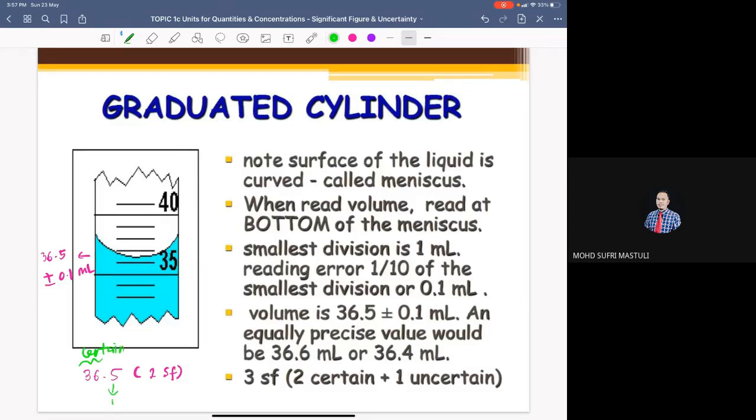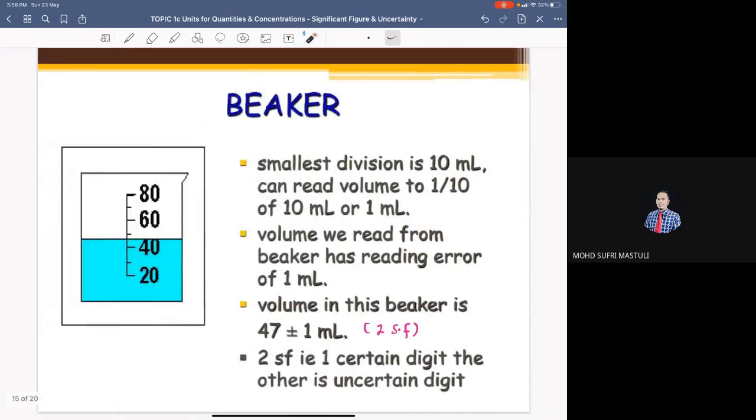This last digit is uncertain. It depends on our estimation, because it can be 0.6, it can be 0.4. So one uncertain digit.